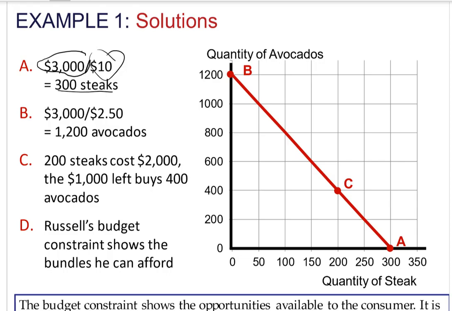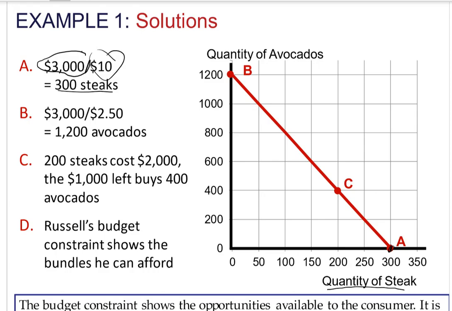On an XY plane, where we plotted steaks on the horizontal axis, it is this point here. This point A shows the number of steaks that Russell can buy. On the y-axis, similarly, we have the quantity of avocados, and this point shows the number of avocados Russell can buy when he doesn't buy any steaks.